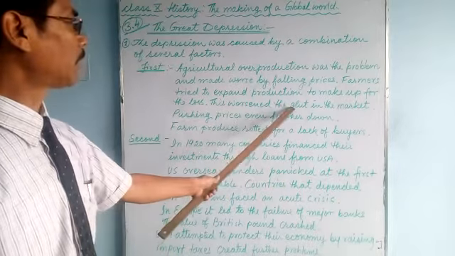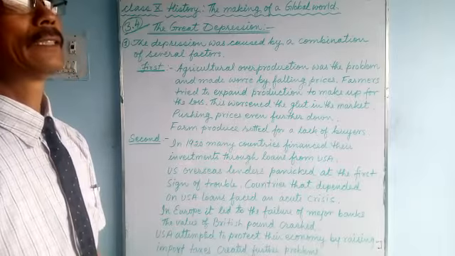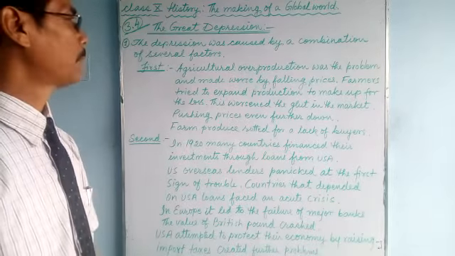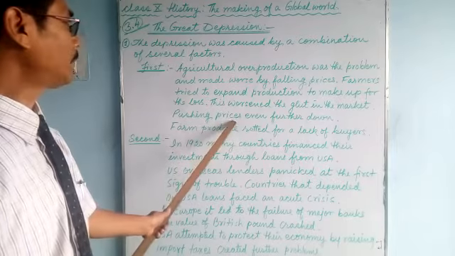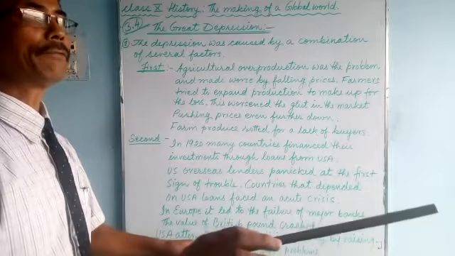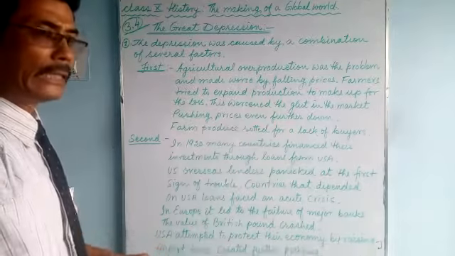This worsened the glut in the market. This created an even worse situation in the market, pushing prices even further down. The prices of the food grains decreased further.